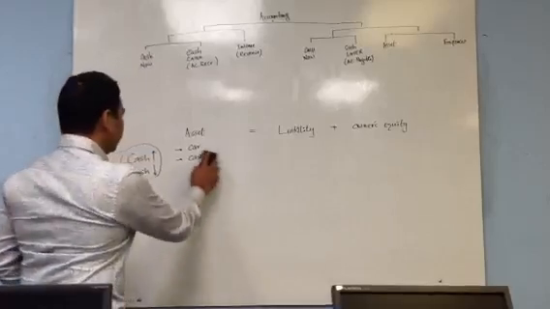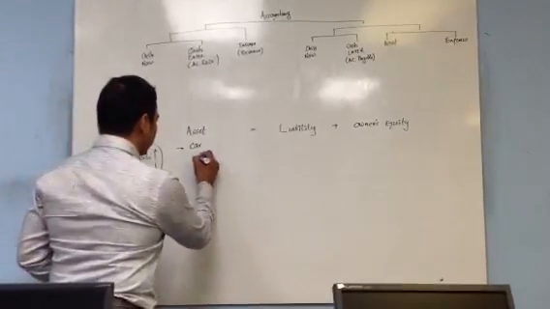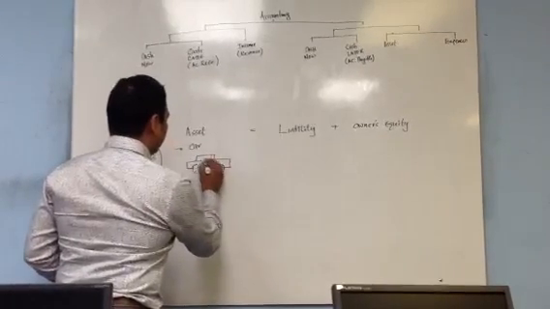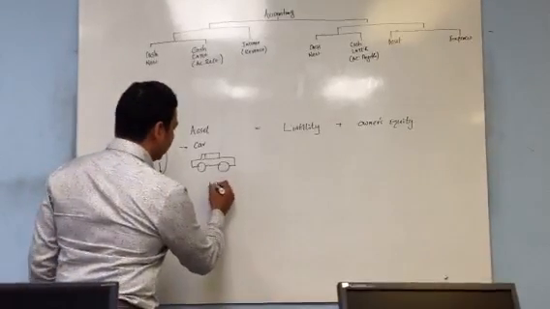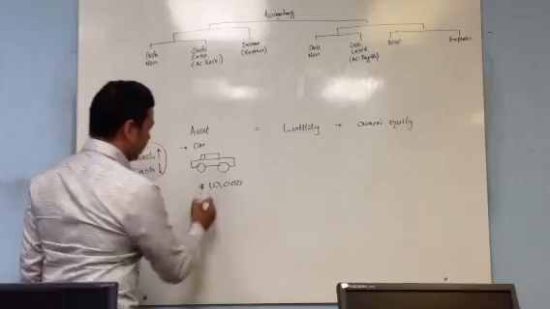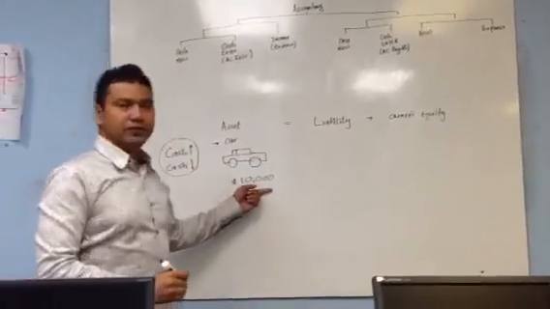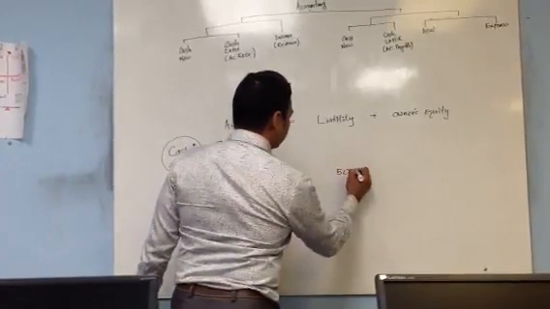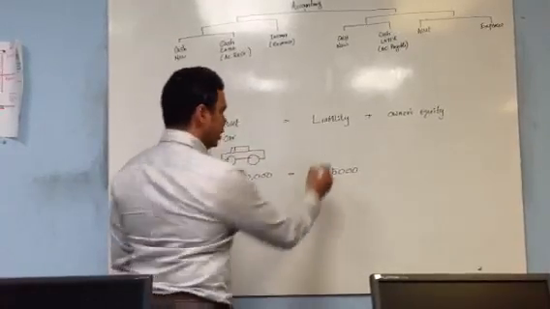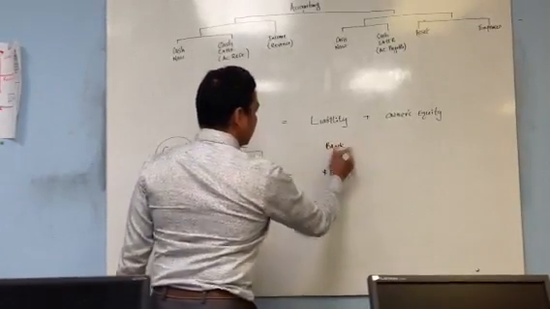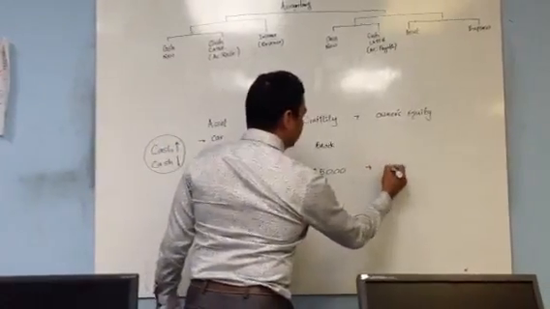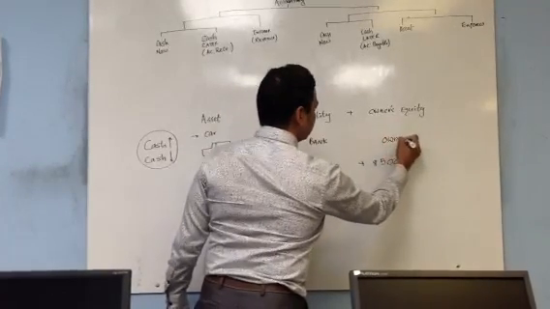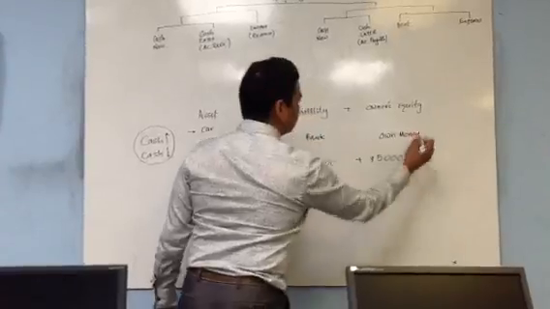For example, I take the car as an example. Here's the car, all right? And I bought this car which is worth $10,000, okay? Since I didn't have $10,000 in cash, I borrowed $5,000 from the bank, okay, and the rest of the money, $5,000, is my own money, my own cash, okay?